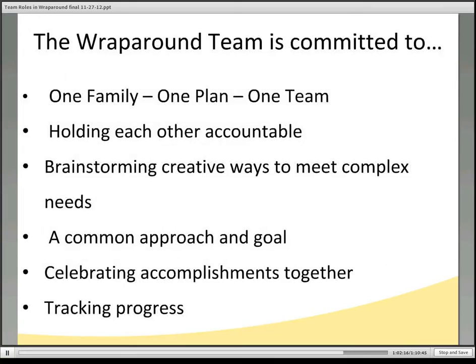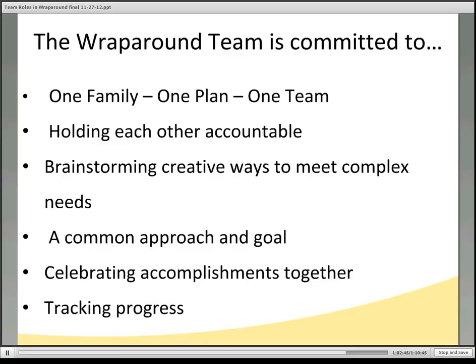And so the wraparound team really is committed to one family, one plan, and one team. Joanne and I have made reference to this throughout this presentation, and when we go out and work with states, that sometimes it gets a little overwhelming, especially if a family is involved in multiple systems and there are mandates around certain plans and what gets created.